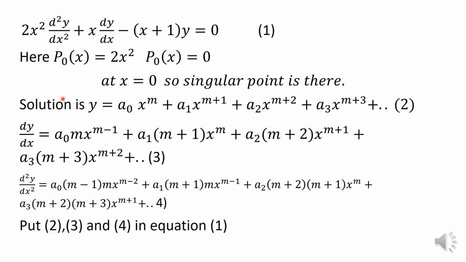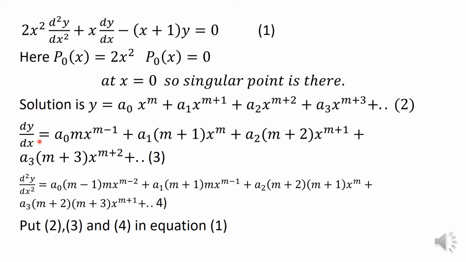Now because our requirement is d square y by dx square, similarly dy by dx, similarly this y, we have to put. So same thing we will do here because y we already have. So we will try to find dy by dx, then further d square y by dx square, because this differential equation has these types of terms.